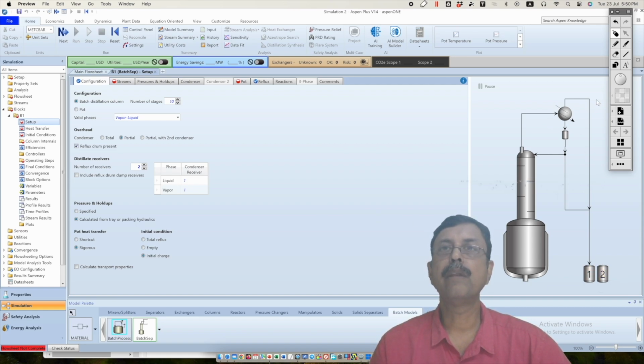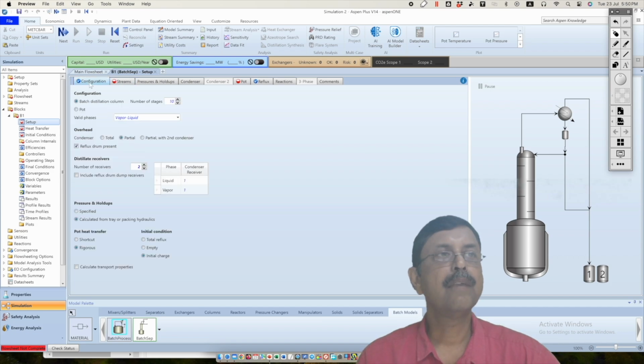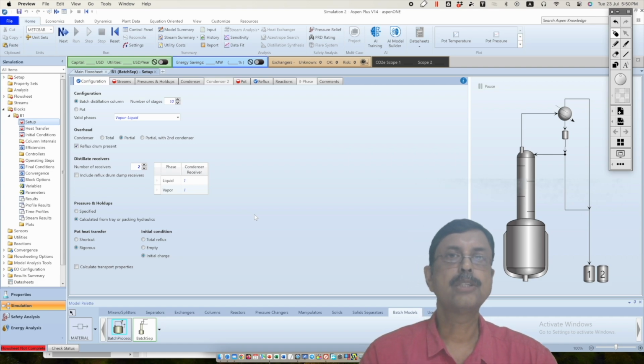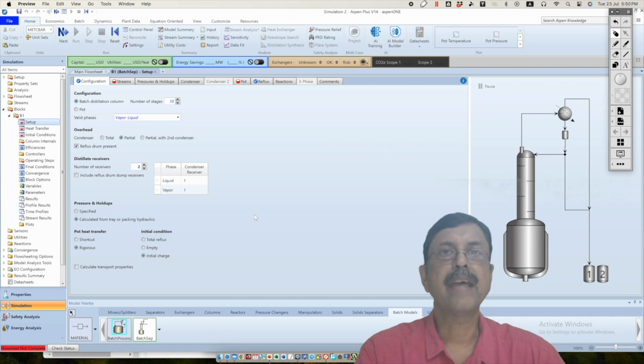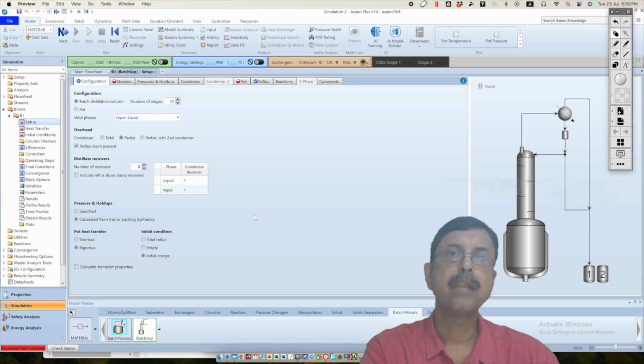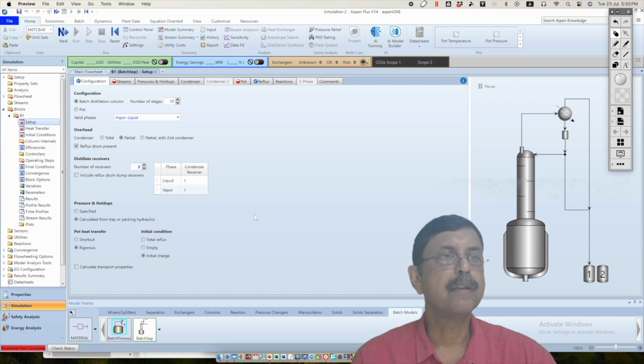Now how they will be connected will be given over here in the stream. If you have more receivers, then logically there should be more side streams in the system, which will be drawn and put into the receiver. Okay, so that's how the number of receivers can be set based on your requirement.